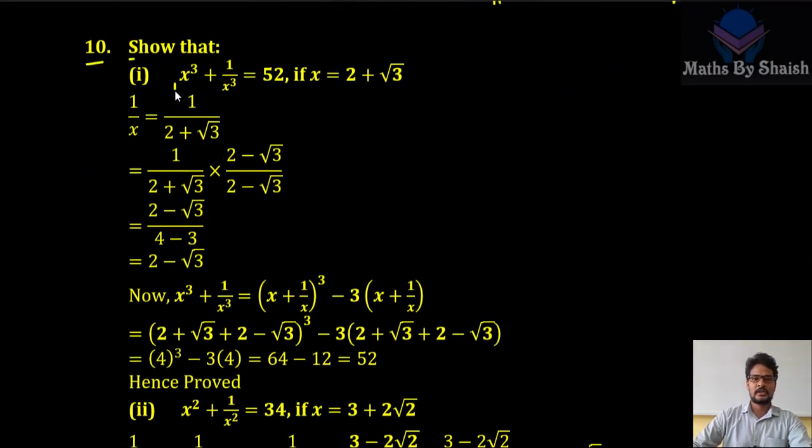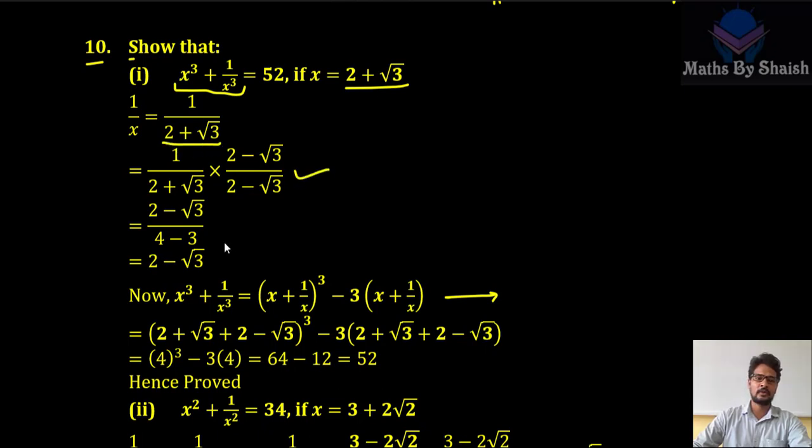Show that this cube equals 52 if x equals 2 plus √3. So in these types of questions, again, if we know this identity we have used once. If we know this identity, so what we are going to calculate, if it is 1 upon x, first thing we will calculate 1 upon x. 1 upon x means the denominator is an irrational number.